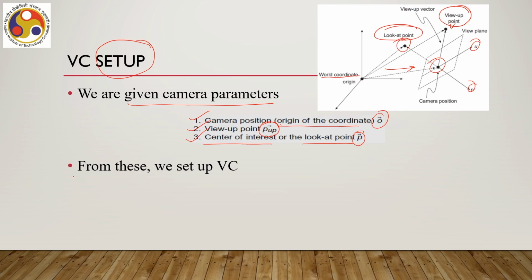Now, from these parameters we can set up the view coordinate system. We will skip the details. For those details you can refer to the material cited at the end of the lecture.